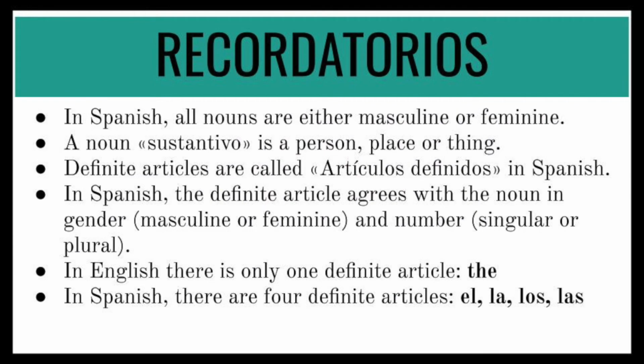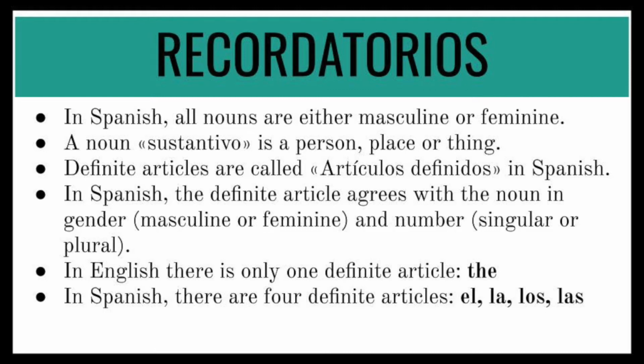First, in Spanish, all nouns are either masculine or feminine. Second, a noun, or a sustantivo, is a person, place, or thing. Third, definite articles are called artículos definidos in Spanish. Fourth, in Spanish, the definite article agrees with the noun in gender, which means masculine or feminine, and number, meaning singular or plural.